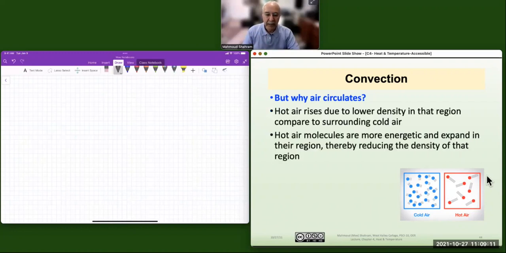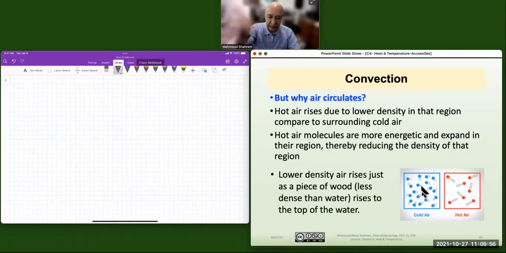So now you have a volume of air with energetic gas molecules, less dense than the cold air, so less dense rises up. You put a piece of wood in the water, push it down, it just comes back up because it's less dense than the water. Same thing happens here. The less dense hot air rises up, and as a result, that creates a circulation.